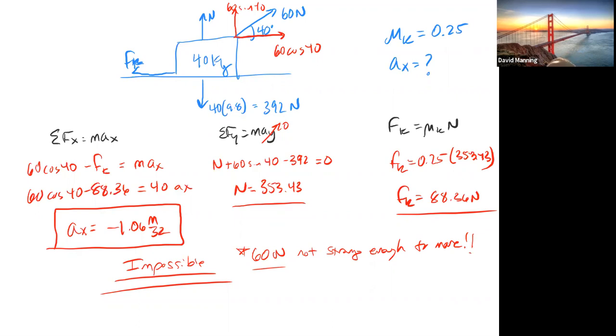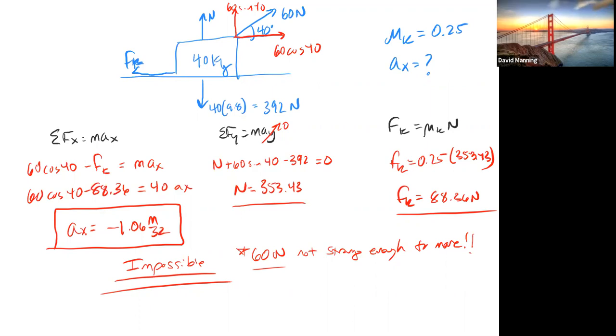But in this case, the object wouldn't be able to move. Did anybody get all the steps correct and get negative 1.06? Anybody? Thumbs up if you got it. Nobody got 1.06? Oh, one person, good. Couple people, hopefully.